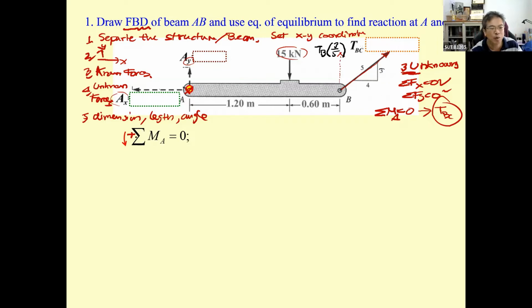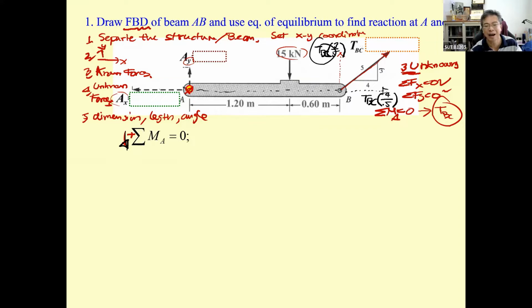This will provide the counterclockwise direction, and it is the unknown. That's why we take this as the positive. Now, the component of this force provides zero moment, because the line of action cuts through the point A, and you got this one, T sub BC times 4 divided by 5.